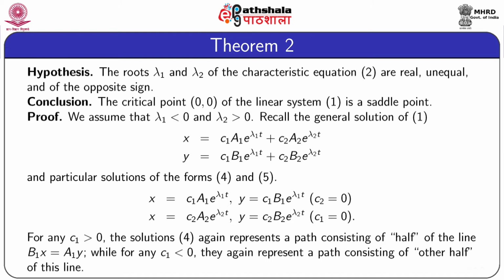So, like before, if c1 is greater than 0, the solution 4 represents a path consisting of half of the line b1x equal to a1y, while for c1 less than 0, it will again represent a path consisting of the other half of the line.